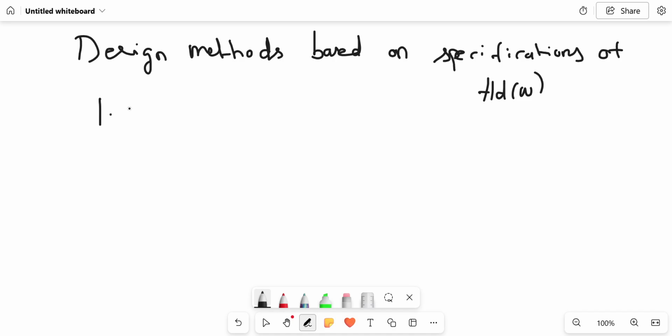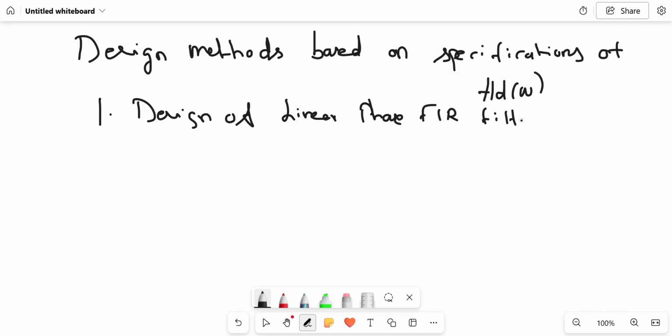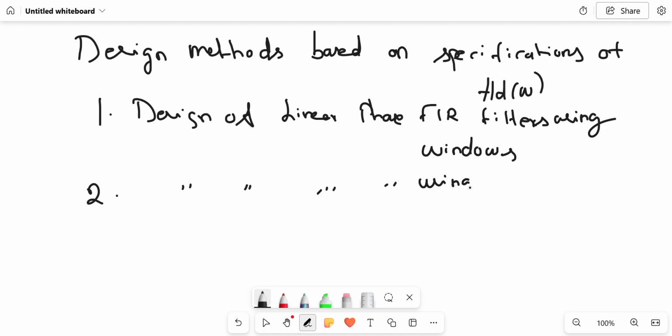One is the design of linear phase FIR filters using window techniques. The second is the design of linear phase FIR filters using the frequency sampling method.